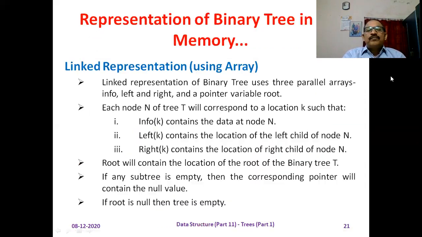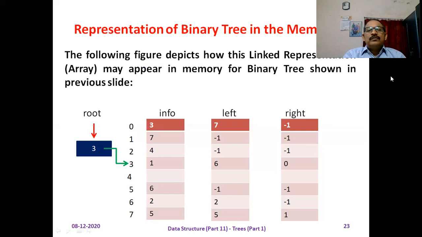Okay, so you can see, the left child of node 3 is at location 7, that is left 0. Left 0 is 7, and at the 7th location the value of info 7 is 5.